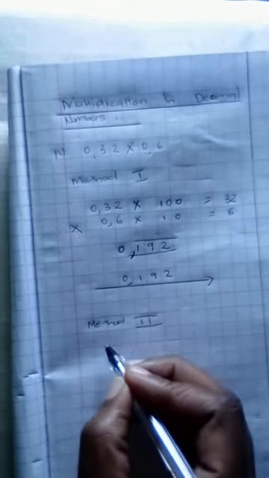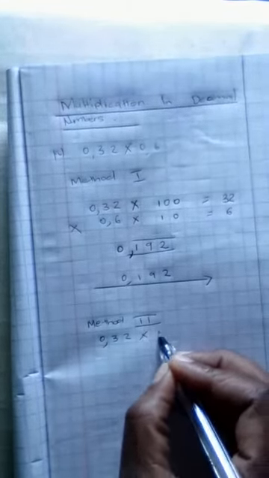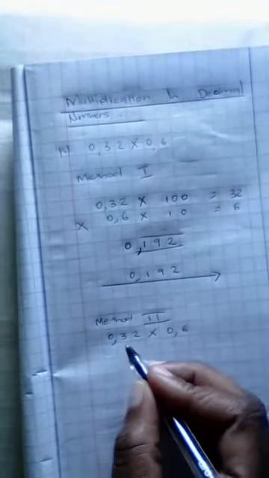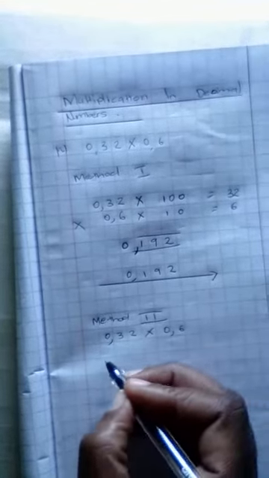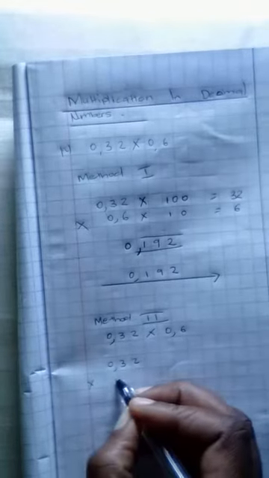Again, we are multiplying 0.32 by 0.6. In this method, we lay down our sum like this: 0.32 multiplying by 0.6, right?